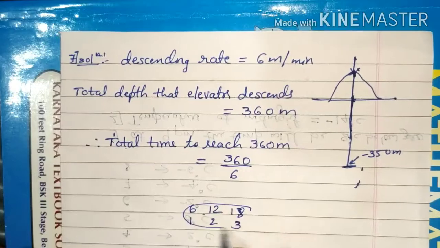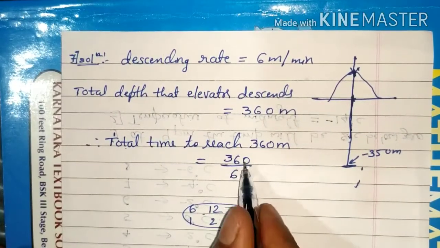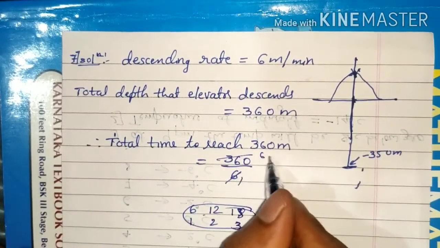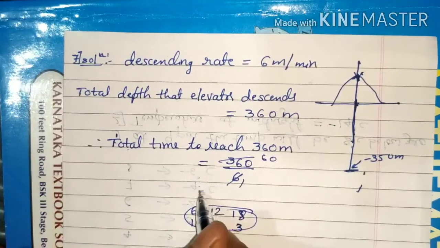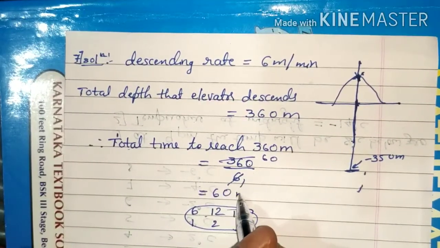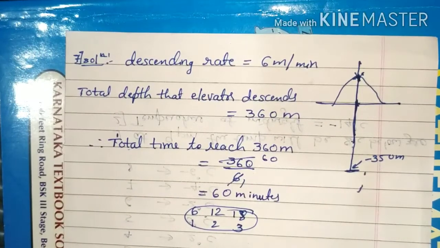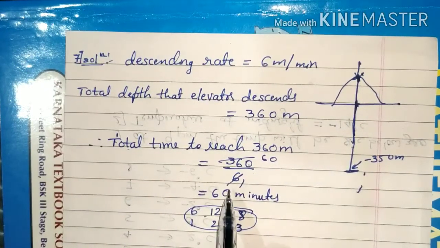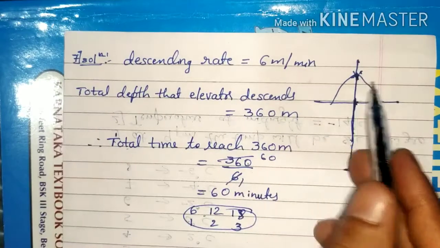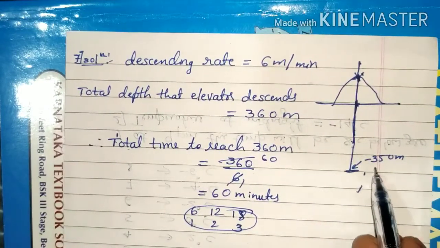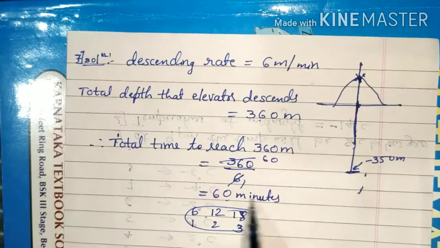That is why we make use of division. 6 ones are 6, 6 sixes are 36, and this 0. So that is 60 minutes. So the total time taken by the elevator to reach minus 350 meter is equal to 60 minutes.